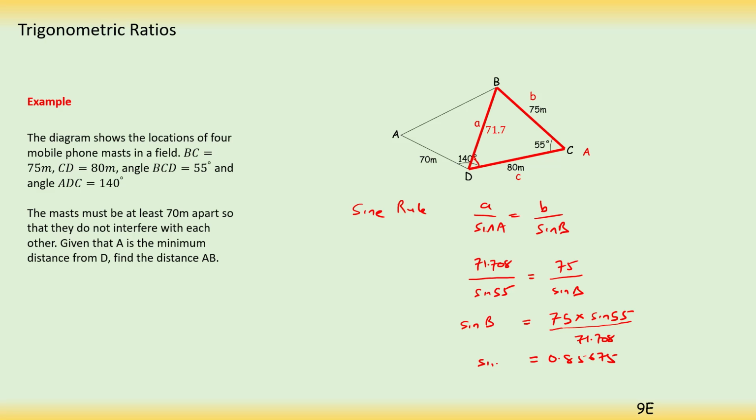That's sine B. Now how do I find B? If you recall, B is going to be the inverse sine, sine to the minus 1, of 0.85675. Plug that in the calculator to check it for me, and that should give you 58.954 degrees. So this angle is 58.954.